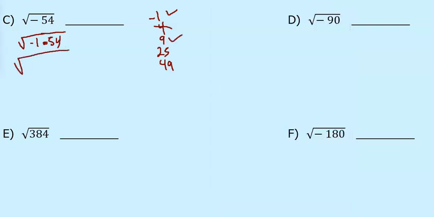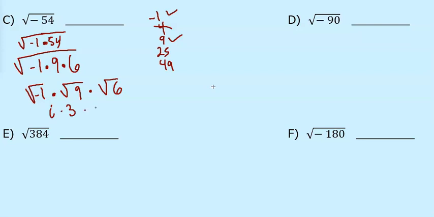So we can rewrite this as -1 times 9 times 6. 6 can't be reduced, so we rewrite as the square root of -1 times the square root of 9 times the square root of 6. We have i, 3, and square root 6. So our simplified expression is 3i square root 6.